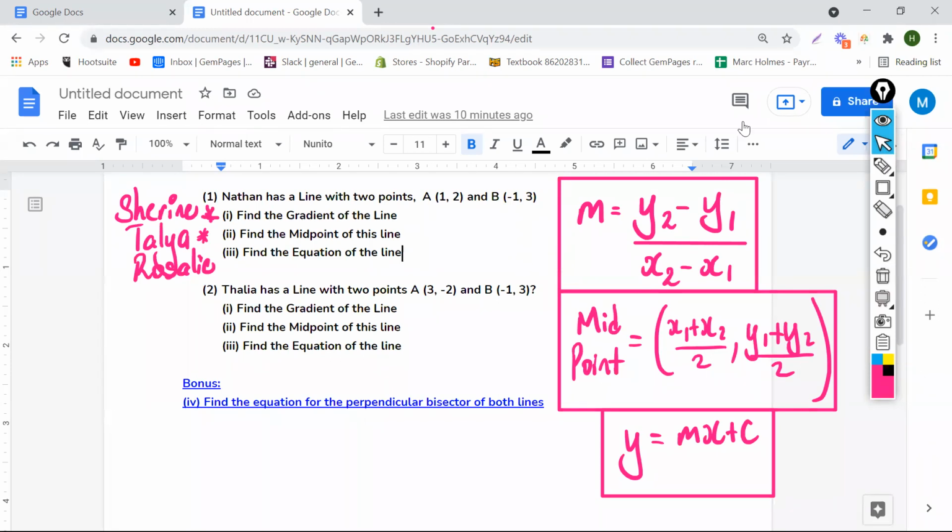I'm not seeing Denise, which is a little strange. Denise is usually here all the time. Shireen is here, Talia is here. Looking for the other students.